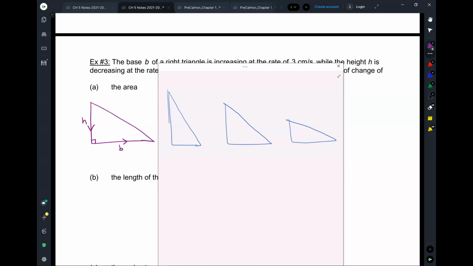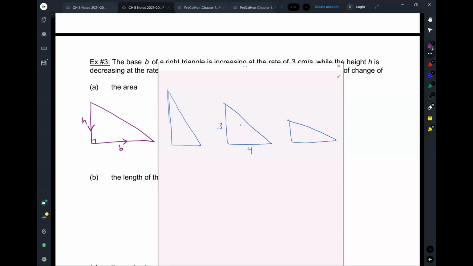So you're watching this continuous motion. And imagine you're standing there with a still camera, and at the split second where this is equal to 3 and this is equal to 4, you snap a picture, you freeze the frame, and you're like, okay, at that instant, how fast is the area changing, or the height, or the perimeter?